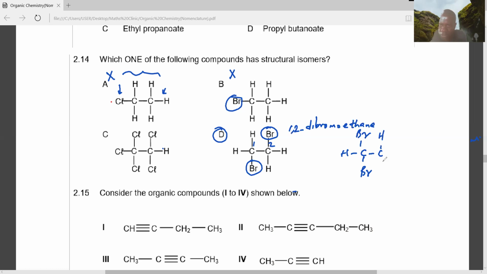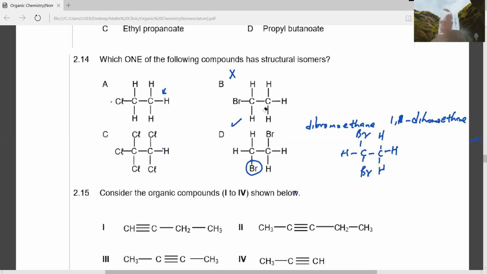So it will now have a structural isomer, because the name will now become 1,1-dibromoethane. You see, it has the same molecular formula but a different structural formula. So this one is the correct answer. Remember, practice makes perfect.